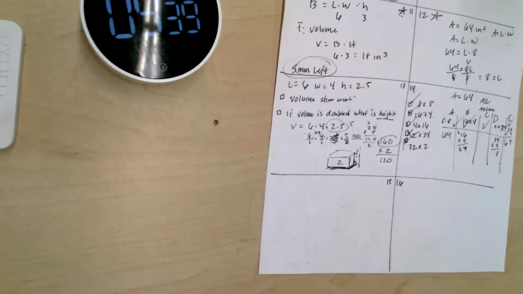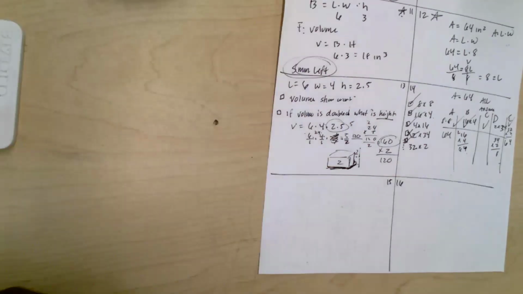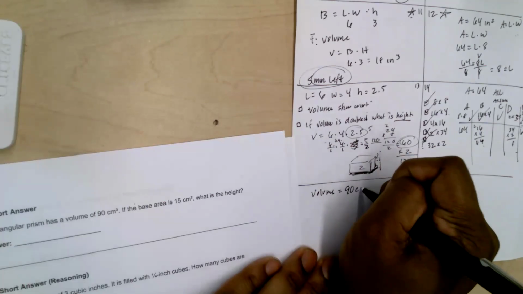Nine minutes left. As you can see here, a rectangular prism has a volume of 90 centimeters. Base, and we know base is length times width. Base equals 15. Find height.